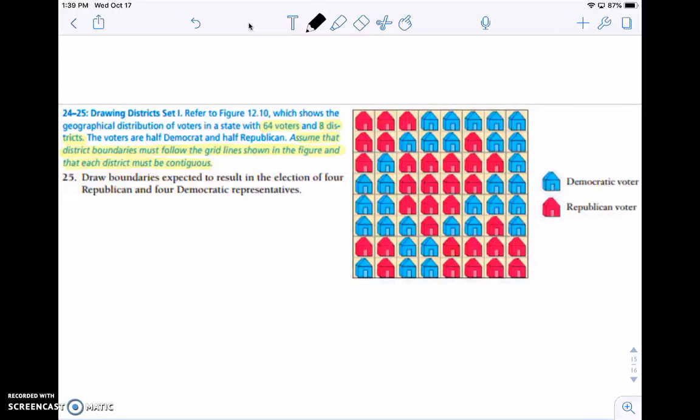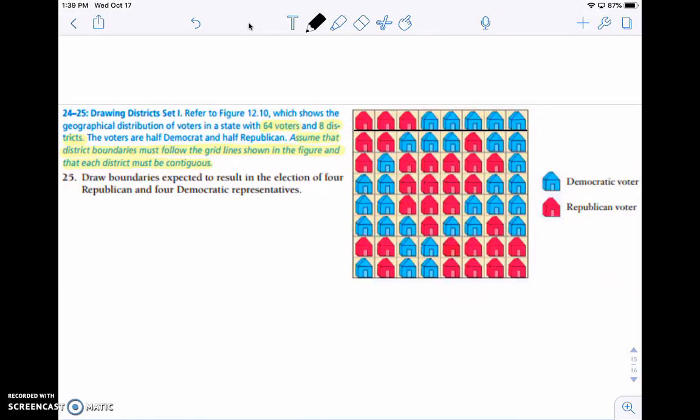So you want to draw boundaries expected to result in the election of 4 Republican and 4 Democratic representatives. So here's a couple of ways we could do this. We could just cut them so that we have horizontal here.